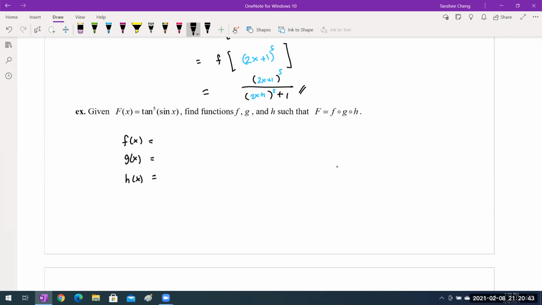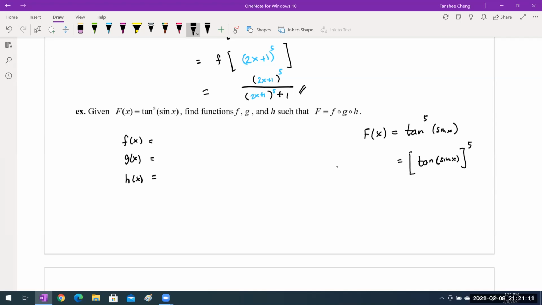So F of x is tangent to the fifth power of sine x. A lot of times we tend to make a mistake right here. You need to be careful with that. Tangent to the fifth power, you have to look at it this way. That is tangent of the argument to the fifth power.